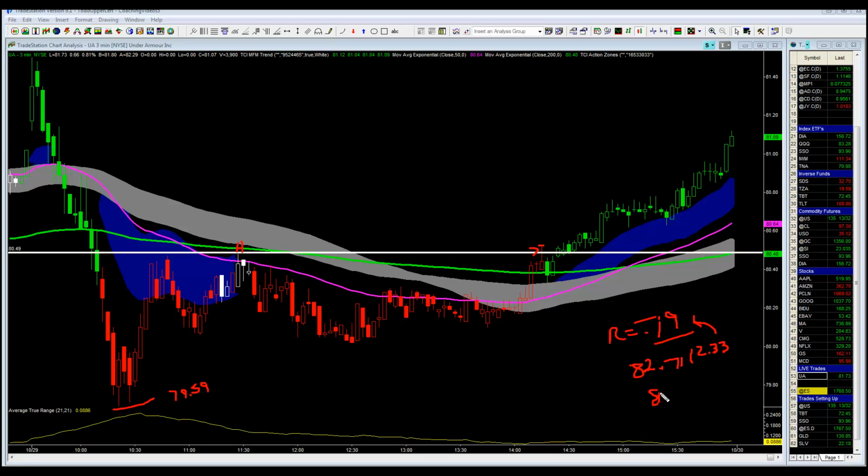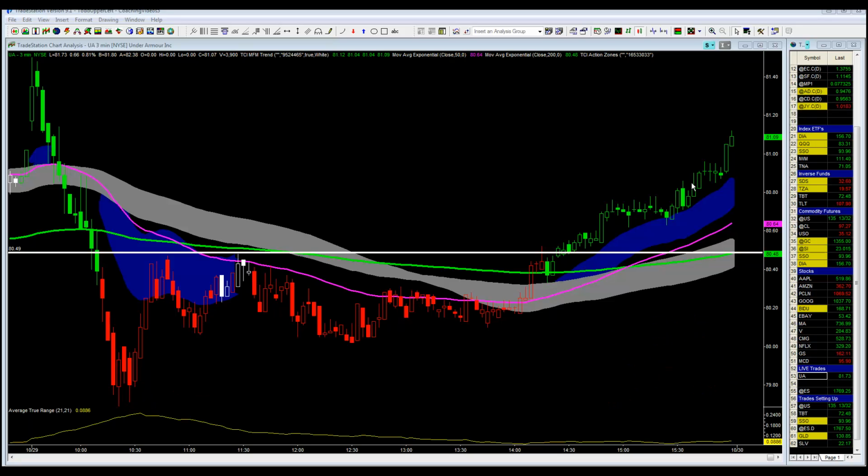And then profit objective number one is $83.26, which gives me a profit of $2.88. So first profit target is really 82.71, second one 83.26, long at $80.38 off this intraday chart, based on the daily chart. I'll take a look at the daily chart here.